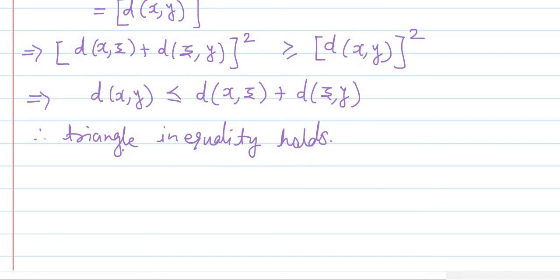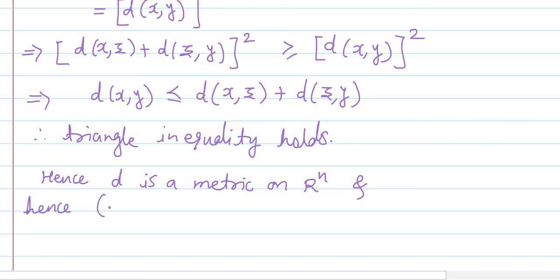So combining all four, we conclude that d is a metric on R^n, and hence (R^n, d) is a metric space. In this way we have solved this first example.